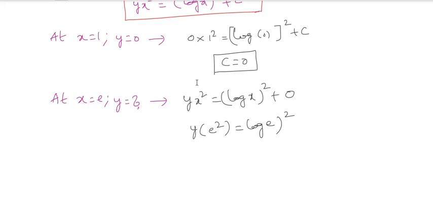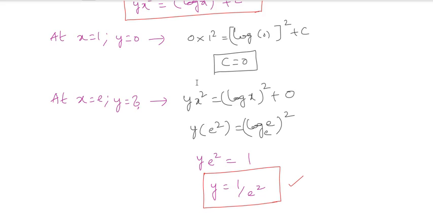Log e base e is nothing but 1, you know that. So y e square is equivalent to 1, and y is equivalent to 1 divided by e square. So this is the value of y at x equal to e. Am I right or not? This is the answer. Clear? Understanding what I'm saying? That is how you have to go with the analysis.